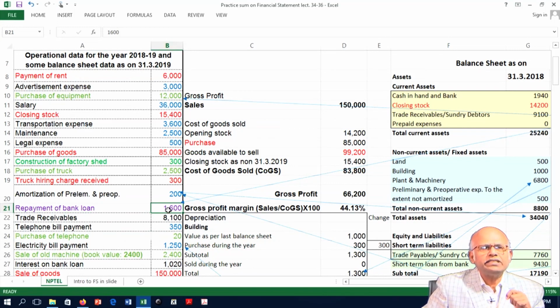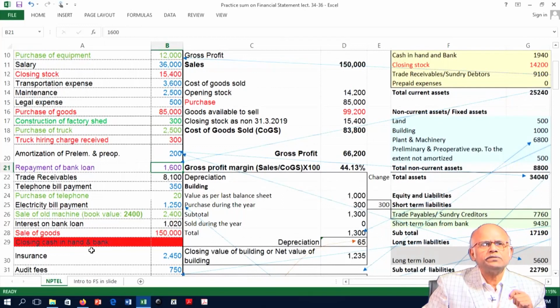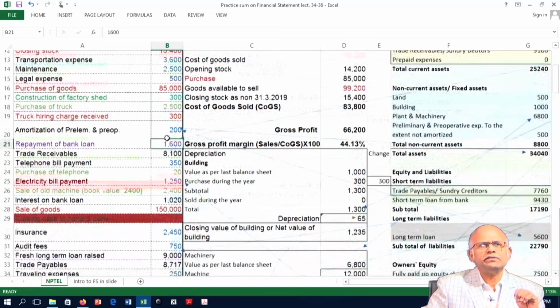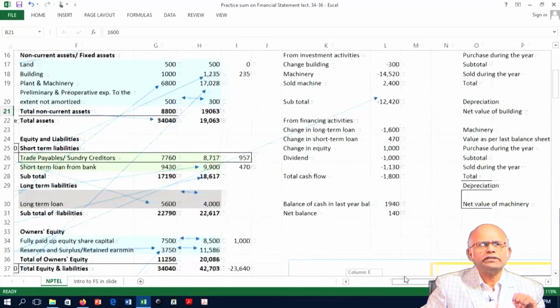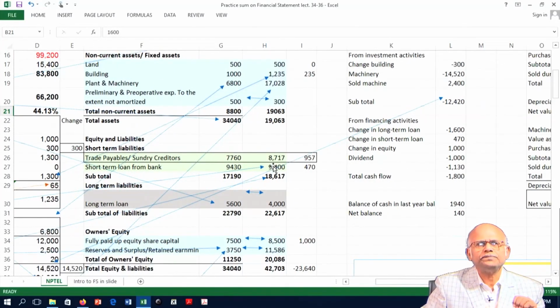Fresh loan raised is there, a mistake somewhere? Fresh loan raised is something and repayment of bank loan is, repayment means long term loan, it is not short term loan. Fresh loan, I said 9,000, was it right? Fresh long term loan raised.